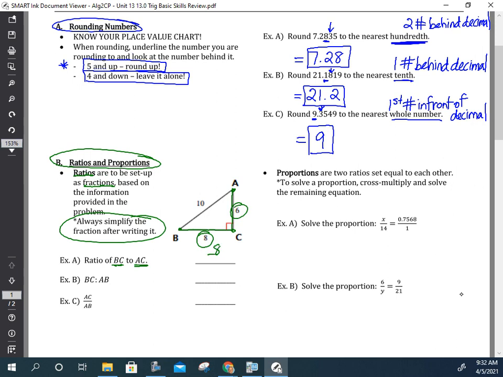That's 8 over 6, which you can reduce to 4 over 3. That's the end of the problem. Any questions before we continue?